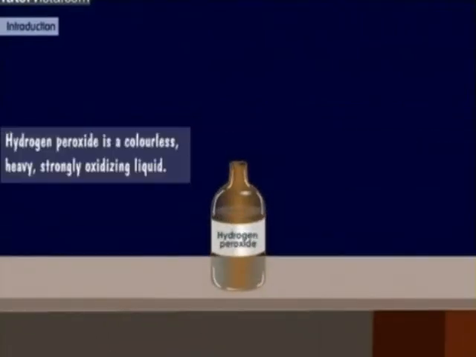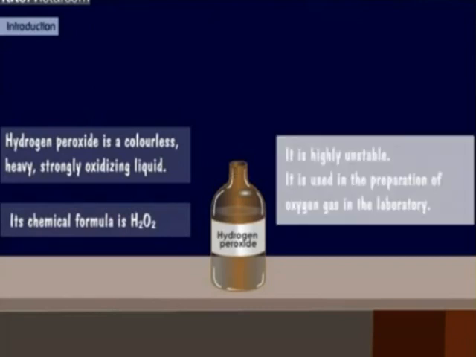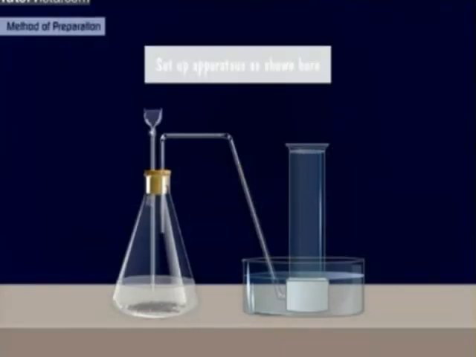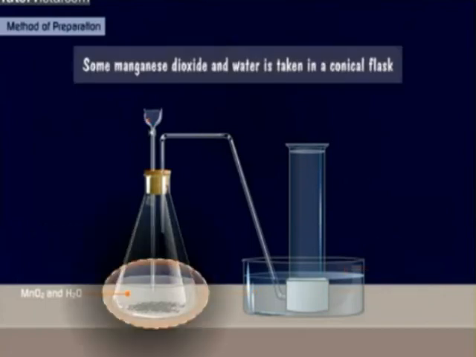So there we have the hydrogen peroxide. It's a colorless and highly volatile liquid. It decomposes naturally into oxygen and water. In the preparation, you can see the manganese(IV) oxide already present in water.